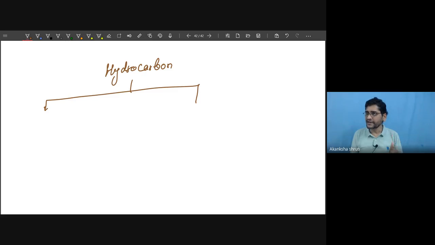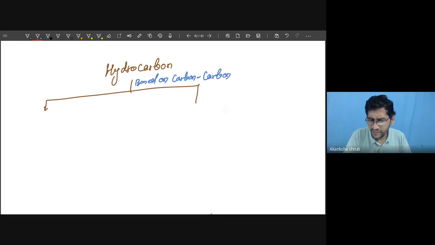Earlier classification was based on considering the ring or open chain or benzene ring. That was the basis. Now considering the carbon-carbon bond, so you may write here, it is based on carbon-carbon bond.